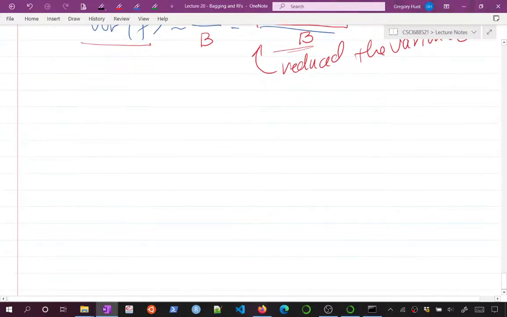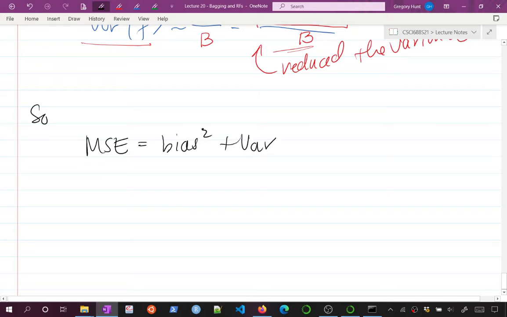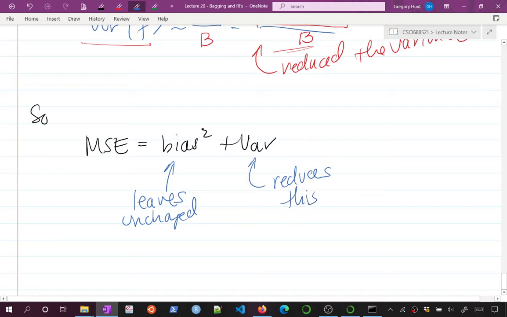And so the idea, of course, is that MSE is my bias squared plus my variance. What bagging can do is leave the bias of the method unchanged, but it can potentially reduce the variance.